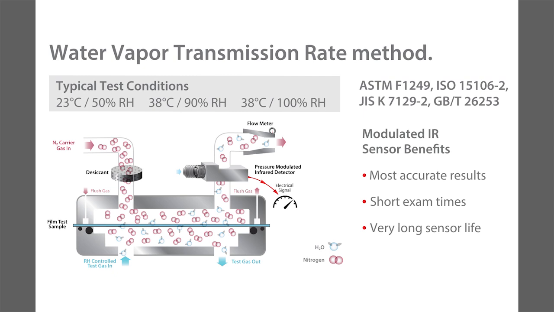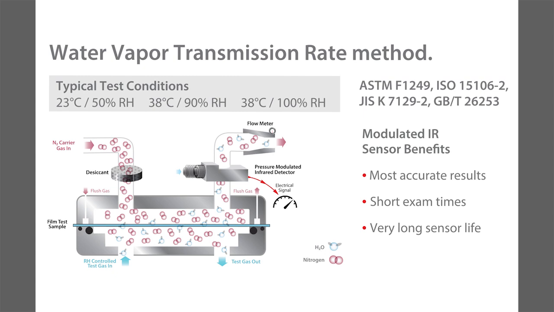There are a lot of caveats around this. You really need great temperature control. Our system's controlled to 0.2 degrees C. Very good control, very good humidity control, which is good for consistent, nice results. Typical test conditions for water vapor might be an ambient temp with an ambient humidity.